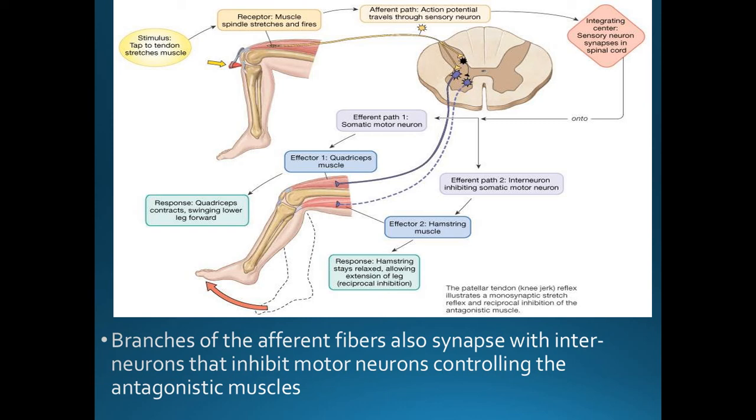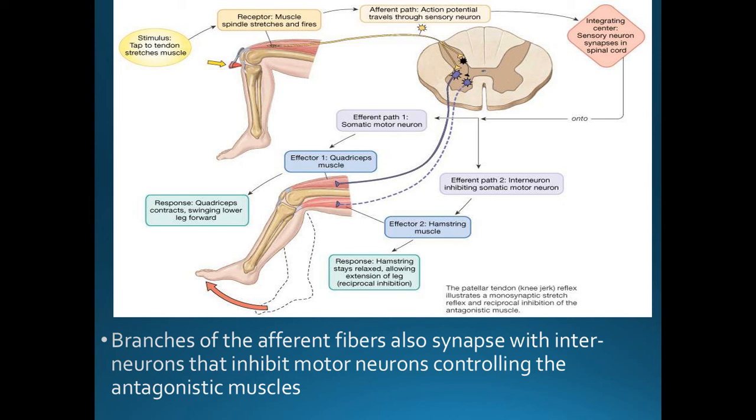Stimulus: a tap to the tendon stretches the muscle. The receptor is the muscle spindle, stretching and firing directly to the dorsal root of the spinal cord.